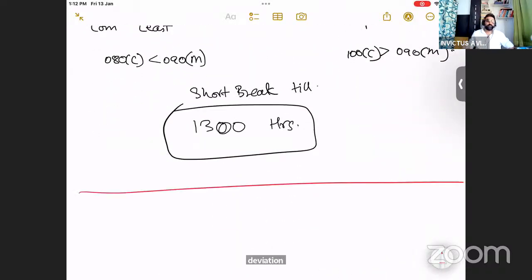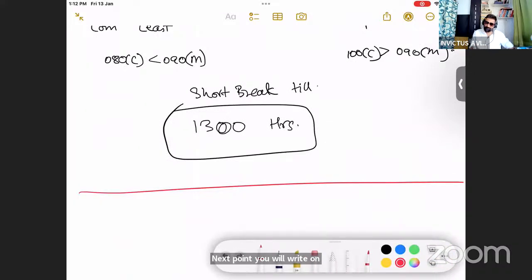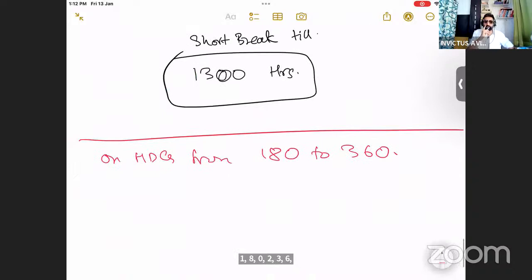Next point you will write: on headings from 180 to 360, we will experience westerly deviation, as the compass north will point towards the west of magnetic north, and will give maximum westerly deviation on 270 degrees.